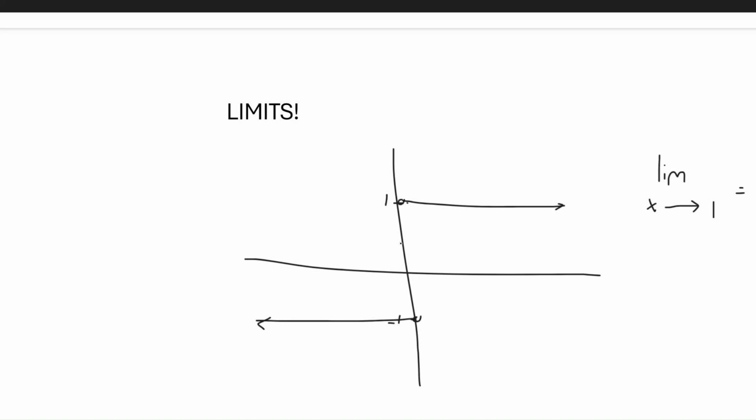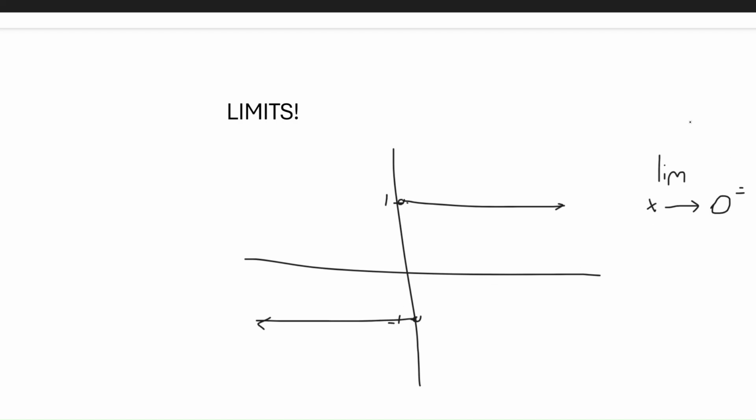Well, if we wanted to know as it approaches, let's just say 0, well, we've come to a problem, because if we try to use our previous way, they're different. So if we have an x value here at 0, it seems to be 1 from this side and -1 from this side, the left side.